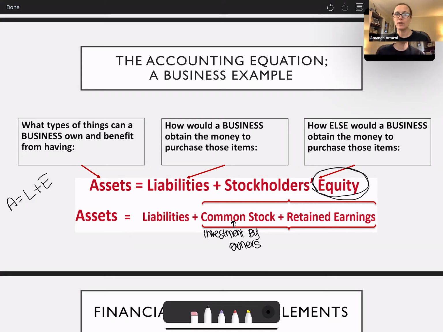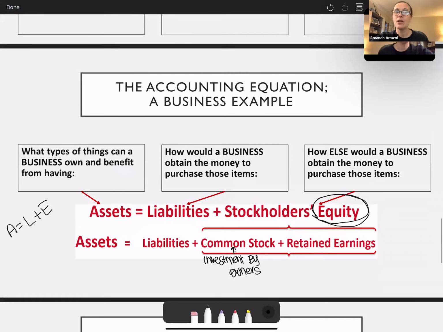So with our accounting equation, the way that we're going to account for business transactions is by making sure that our assets, the things that we own and can benefit from having, are equal to our liabilities, anything that we still owe, any loans or any short-term items that we're going to pay off maybe in the next 30 days, and equity, which we can break down into two components.